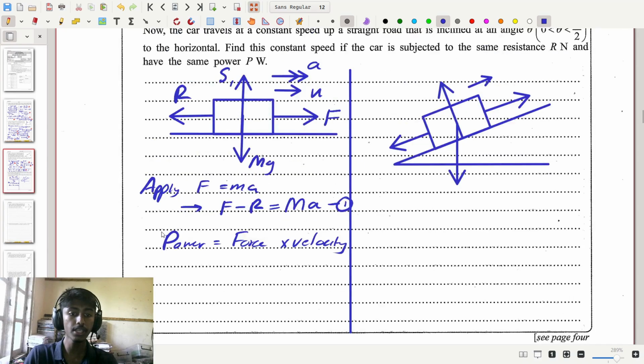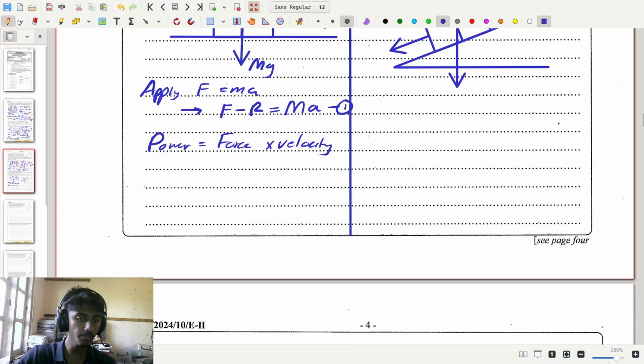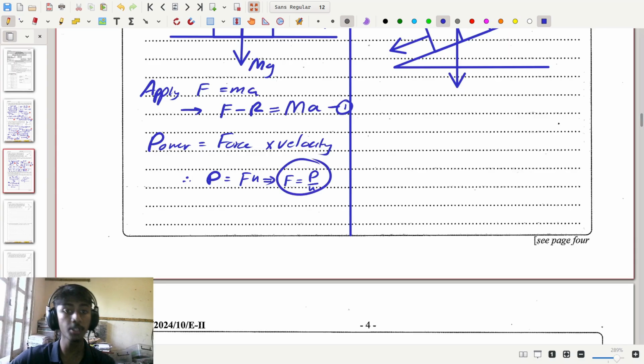So from this, if we take this equation and apply the variables, we have our power being equal to P, our force being equal to F, and our velocity being equal to u. Therefore, we can also get the equation P equals F times u, which can be rearranged to get F equals P over u. And this is the equation I will be using to substitute into here in order to find a. So I'm going to call this equation number 2.